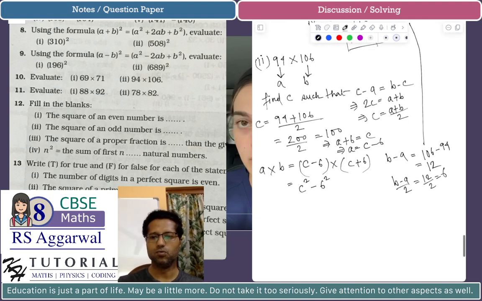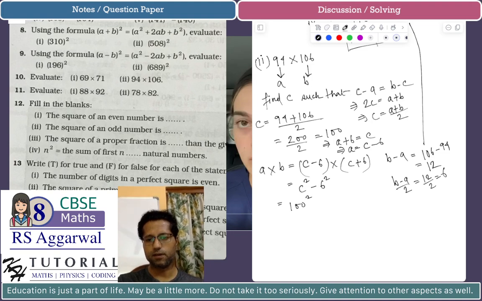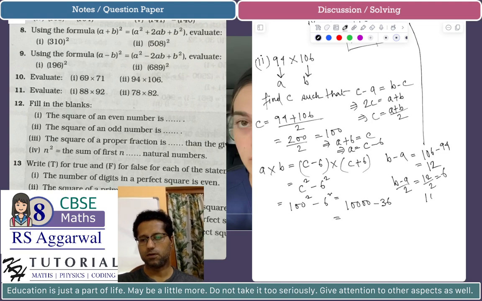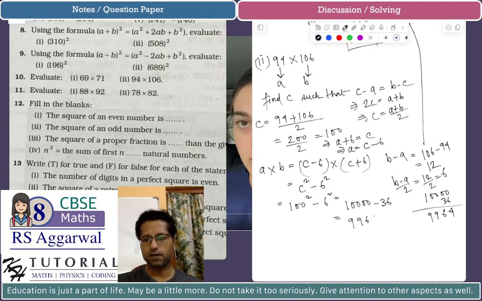So now this is equal to 100 square minus 6 square, which is 10000 minus 36. This is 9964, so 9964 is the answer.